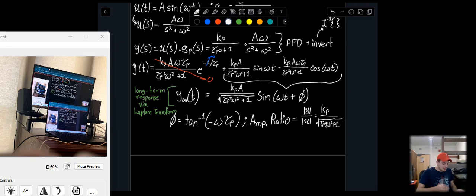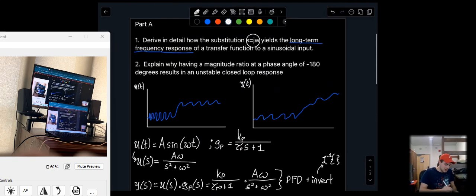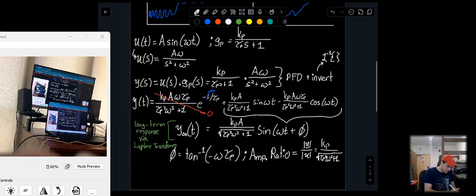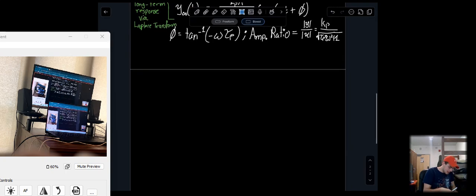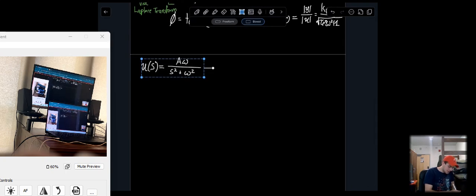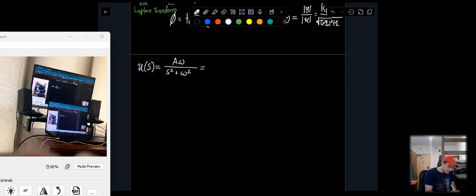Okay, so the next thing we're going to do is attempt to substitute the term s equals j omega into our input term here, and then see how that influences our calculation.